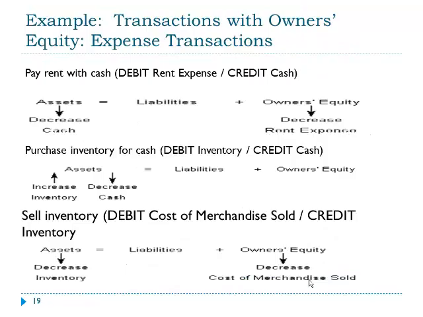Let's think about the other side of providing goods and services to customers. When we use resources in providing goods and services to customers, that's the definition of an expense. So, one expense we might have is rent expense to pay for our premises. If we pay for our rent with cash, it's a decrease in cash and a decrease in owner's equity for rent expense.